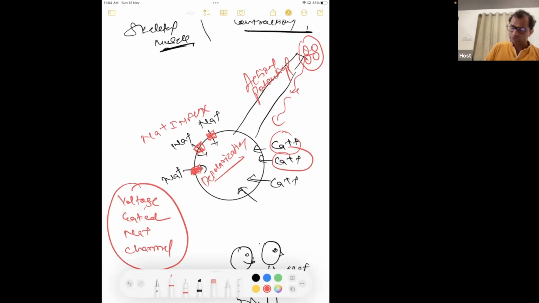Suppose we block the calcium, muscle cannot contract. The calcium entry is mandatory to do the muscle contraction, right? We have to remember each and everything, because when doctors are giving medicines, what are they giving?